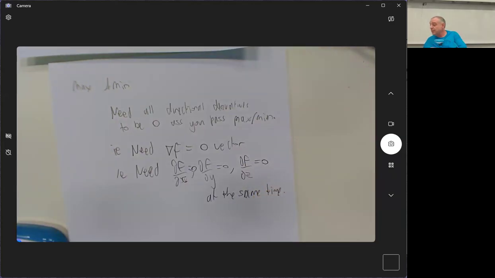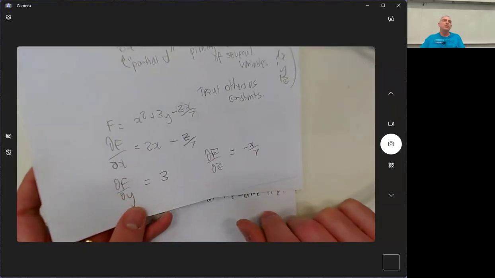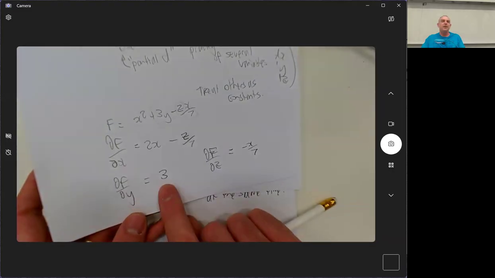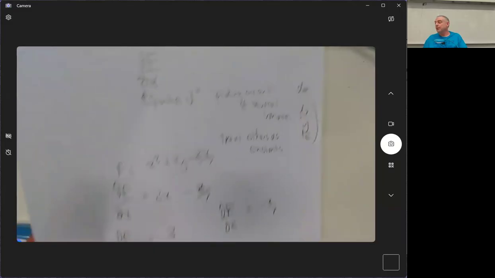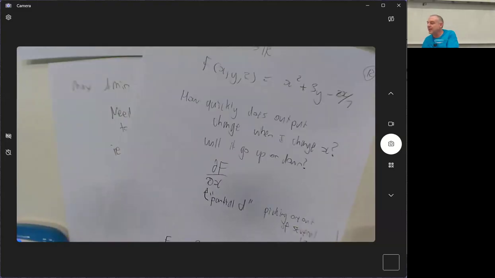I wonder if the function we had earlier has any good ones. Oh yeah, see this function we had earlier? That has no maximums or minimums because it's impossible for df/dy to be 0. It's always 3. So I'm just going to pop that example down.